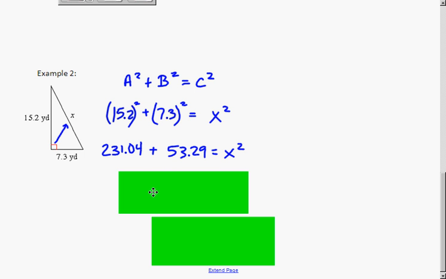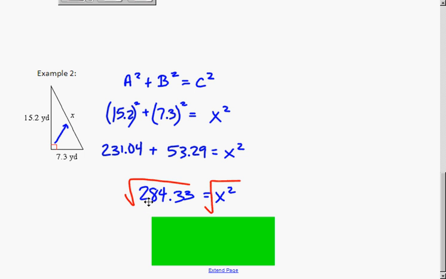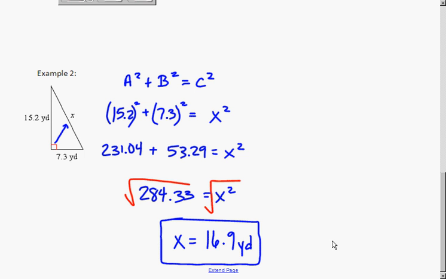Computation: 231.04 and 53.29. Add those together, we get 284.33. Now we square root both sides to get rid of the square, so x would be alone. And remember, we need to round to the tenth, so x is approximately 16.9 yards.